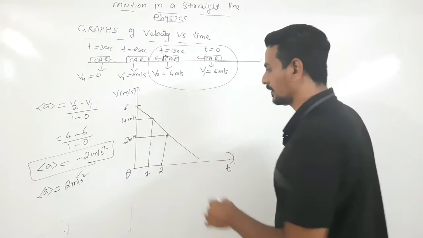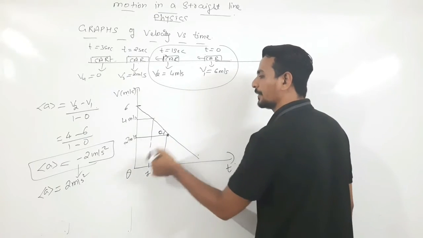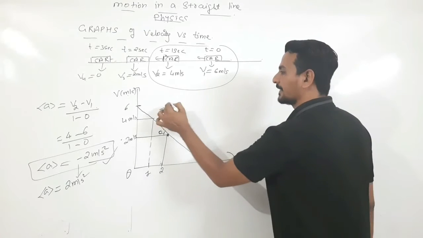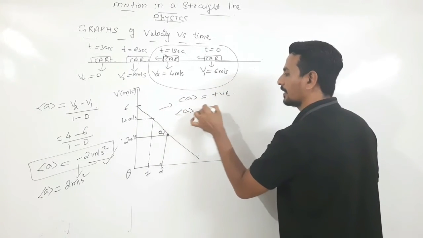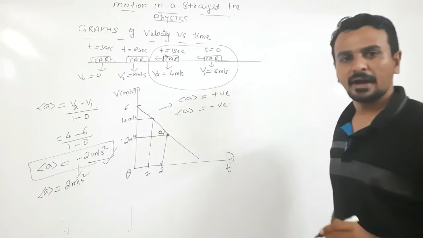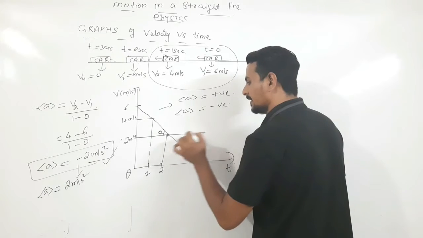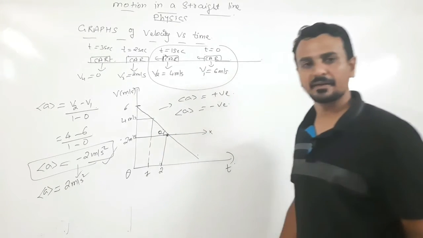Everything will remain the same. If you are finding the slope of this graph, again the slope will give me the value of acceleration. The only thing is that in the previous graph acceleration was positive. In this particular graph acceleration will be negative. I already explained to you that if the angle becomes greater than 90 when taken from the x-axis in an anti-clockwise direction, the slope will be negative.